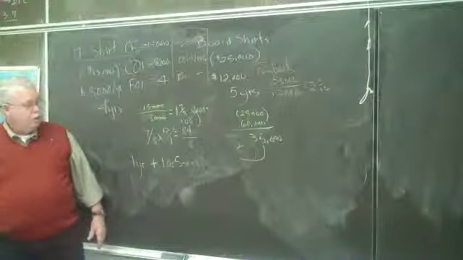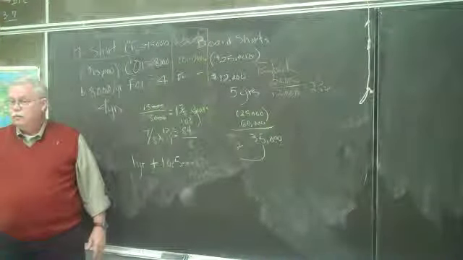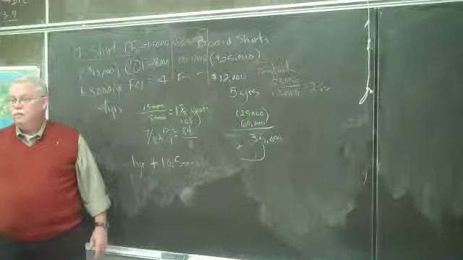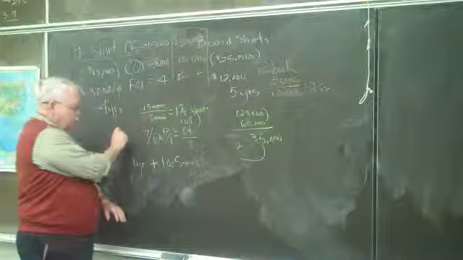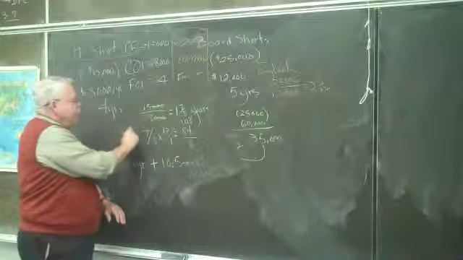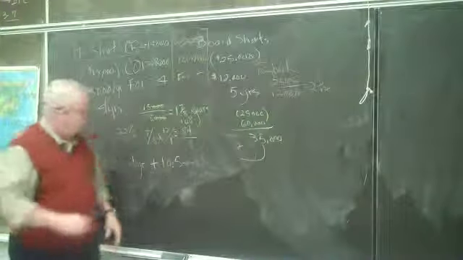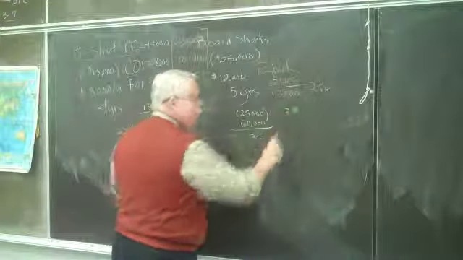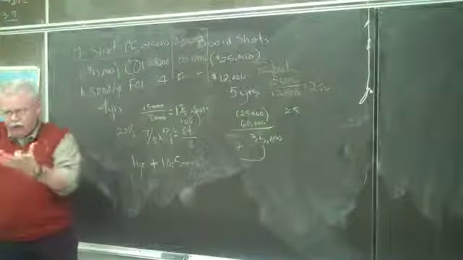So who's got the better payoff? The T-shirts pay off in, how many did we say? 22 and a half. And this one paid off how soon? 25 months. Good, thank you. I was really getting myself confused. So the quicker payoff, in some sense, is more attractive.